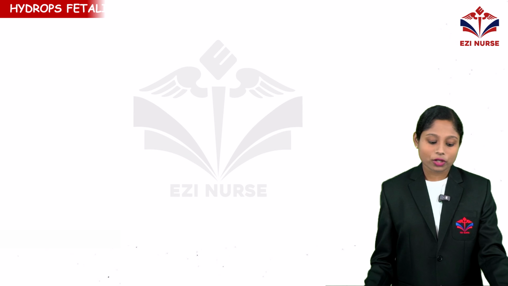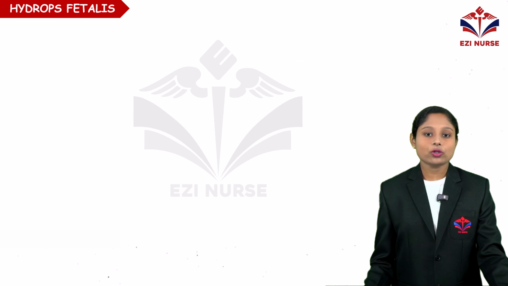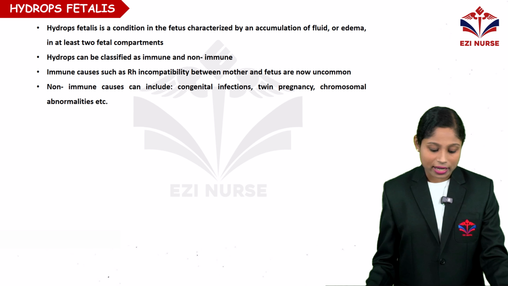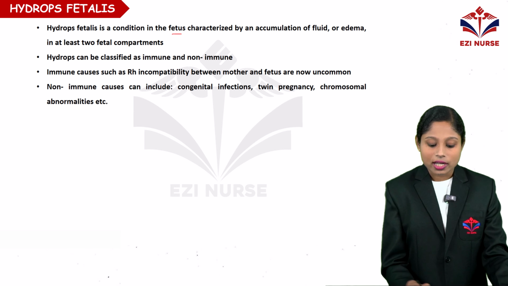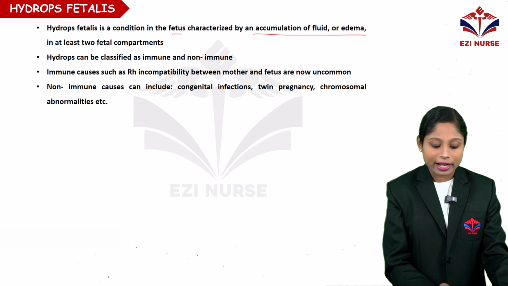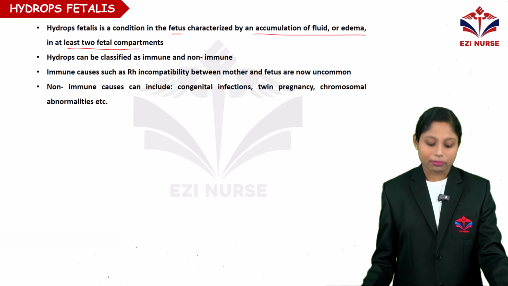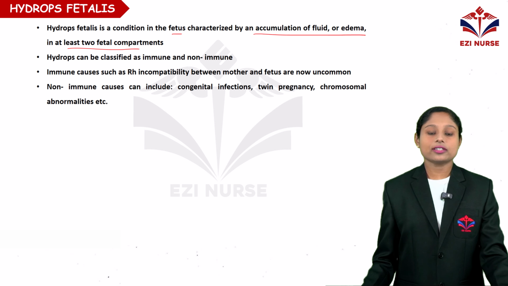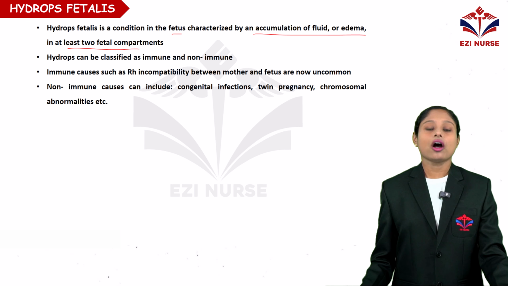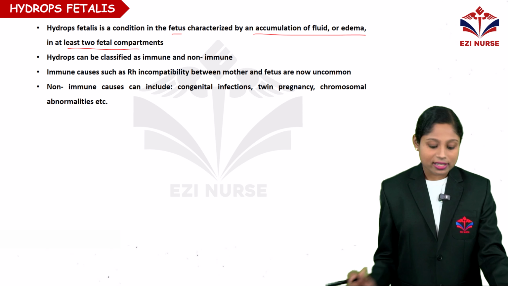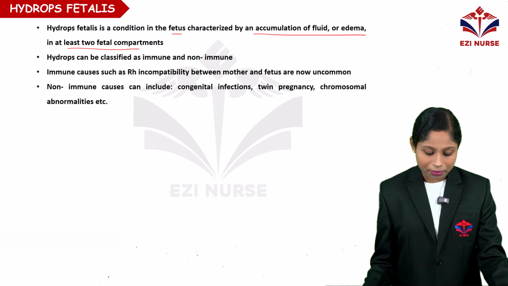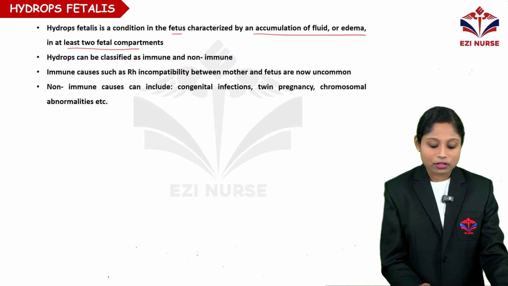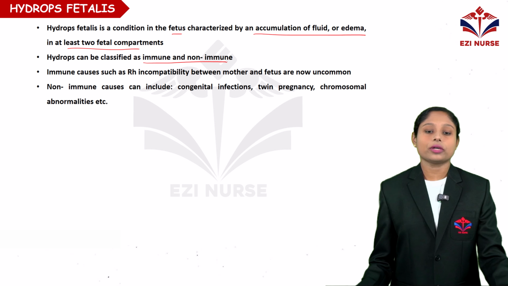Next, we are moving to another important one, hydrops fetalis. What is hydrops fetalis? It's a condition in the fetus characterized by an accumulation of fluid or edema in at least 2 fetal compartments. Hydrops is classified as immune or non-immune.